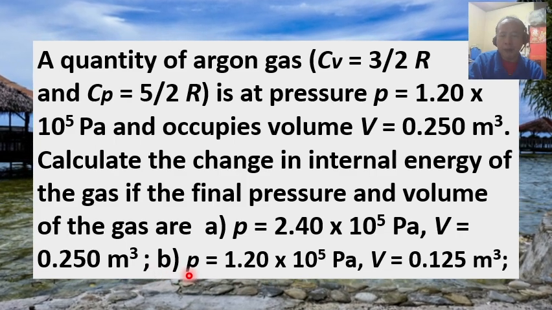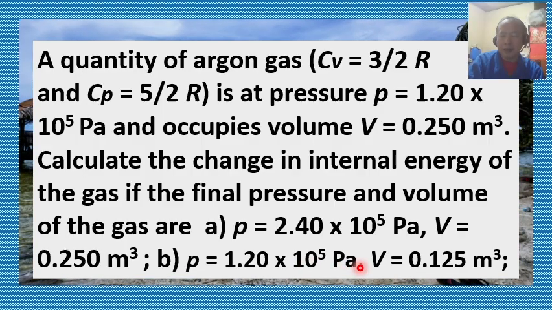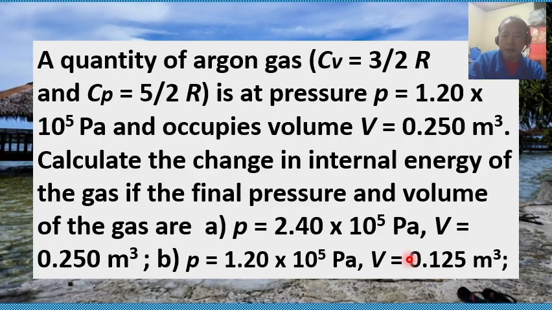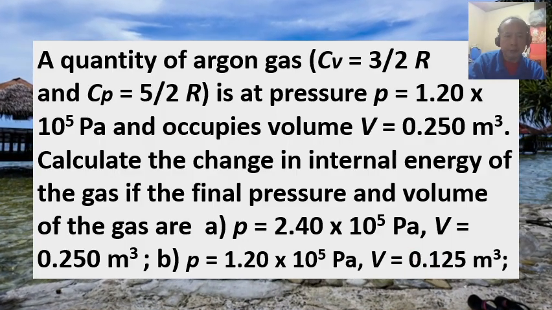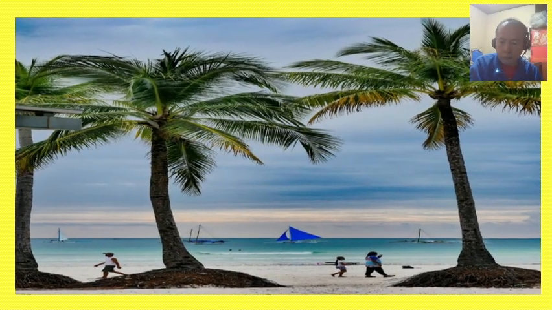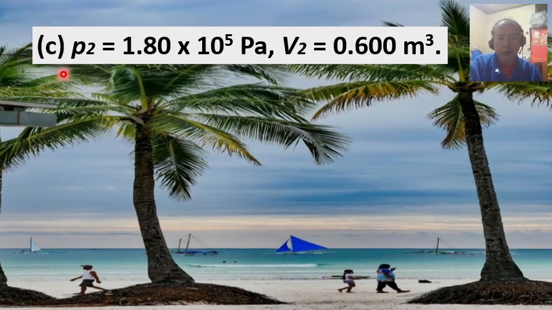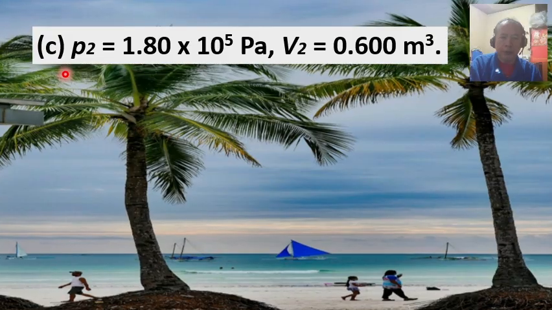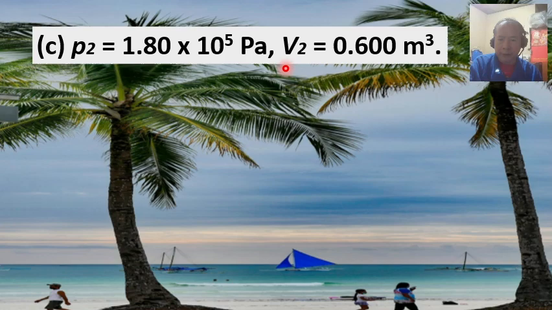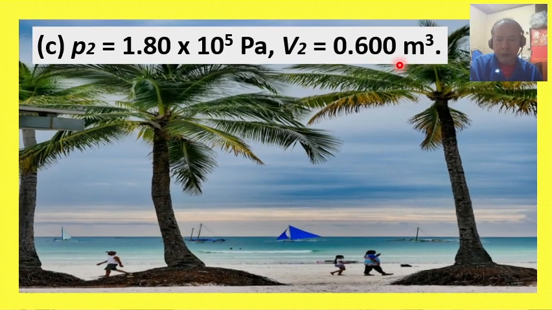Letter B, if the pressure P equals 1.20 times 10 to the fifth power Pascal, and the volume V equals 0.125 cubic meters. Letter C, if the final pressure P2 equals 1.80 times 10 to the fifth power Pascal, while the final volume equals 0.600 cubic meters.